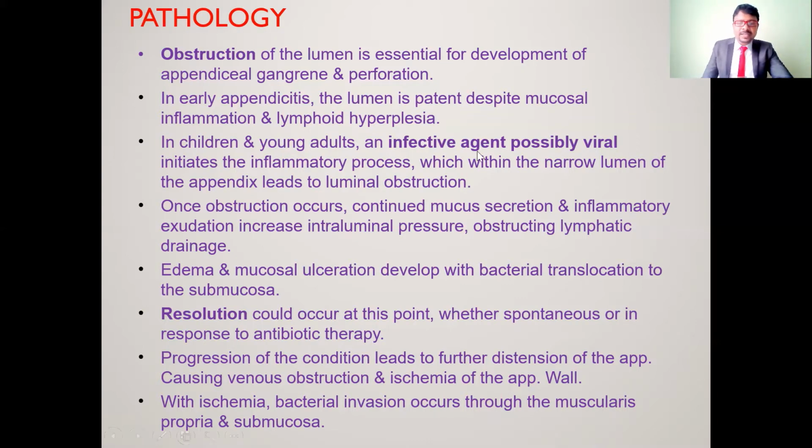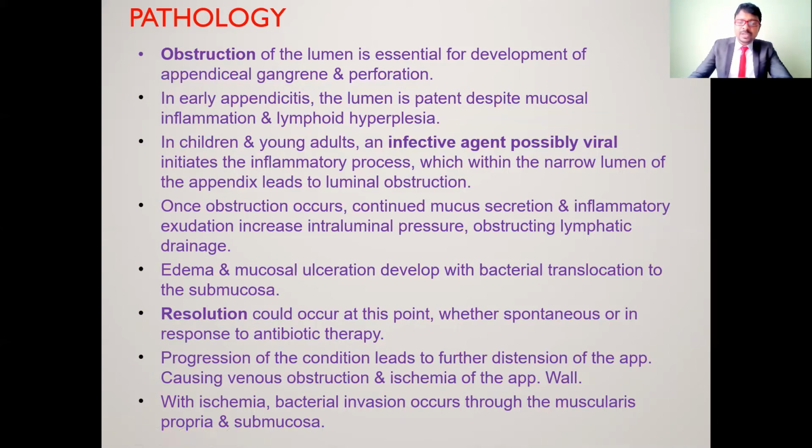Once the obstruction occurs and continues, mucus secretion and inflammatory exudation increase the intramural pressure and also obstruct lymphatic drainage. Because of the obstruction or thickness of the tissues, the pressure inside the lumen increases, and it may obstruct lymphatic drainage if there is no proper lymphatic flow.